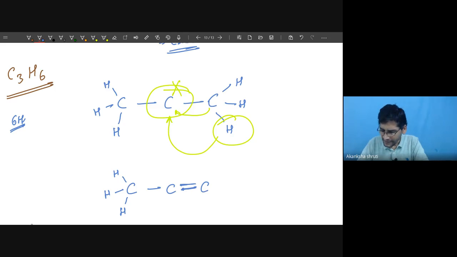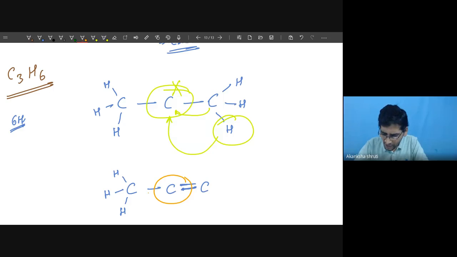Now while the double bond is formed, coming to the middle carbon itself, how many bonds are already formed and how many more bonds does it need to form?